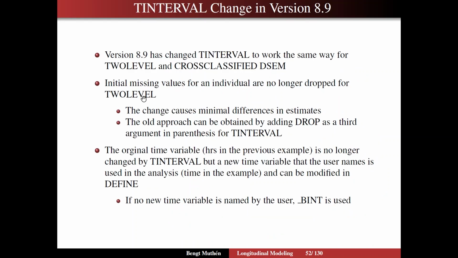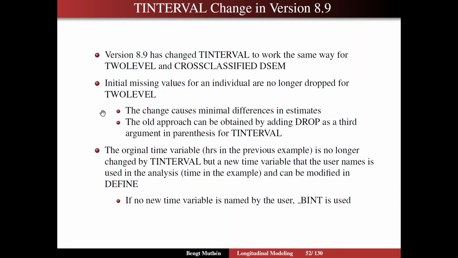Now, regarding T-interval, there have been changes in version 8.9. We've changed it so that it works the same way for two-level and cross-classified DSEM. So two-level has changed to the cross-classified style, which means that the initial missing values for an individual, if you go back to my T-interval discussion, you'll see what I mean, are no longer dropped for two-level, but are included.